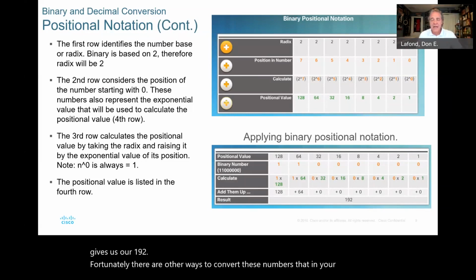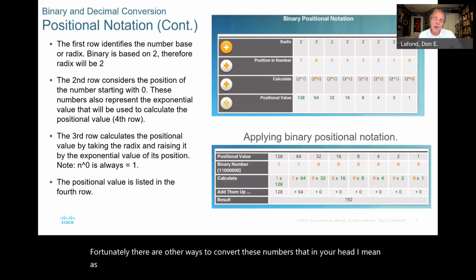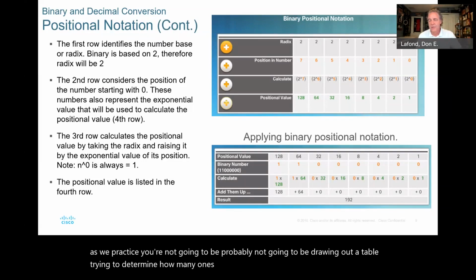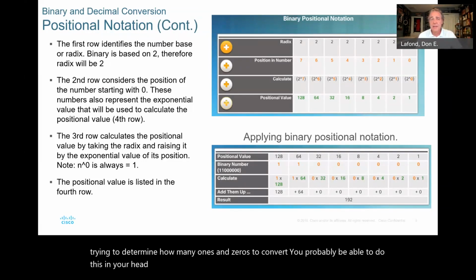I mean, as we practice, you're probably not going to be drawing out a table trying to determine how many ones and zeros to convert. You will probably be able to do this in your head, but drawing out the table doesn't take long to do. So if that's what you need to do at first, that's what you need to do.